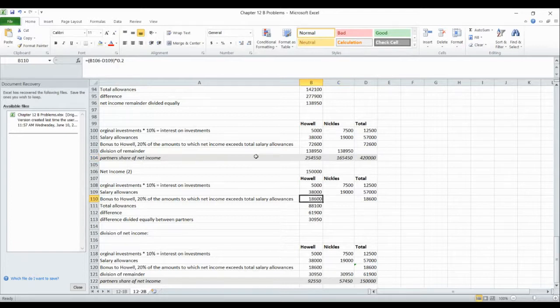You can find that by taking the net income of part 2, which was $150,000. We would subtract out the salary allowances of $57,000, and that will leave us with an amount that we have to multiply by 20% to get $18,600.